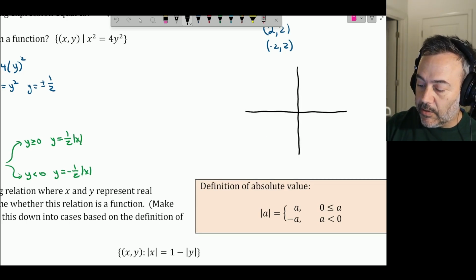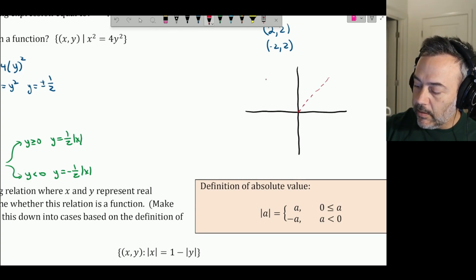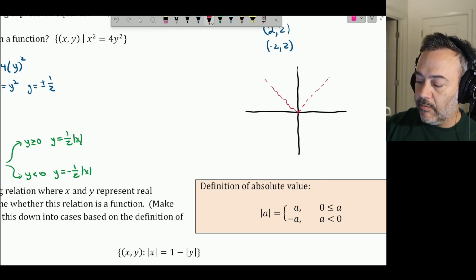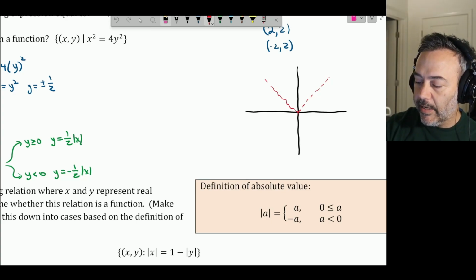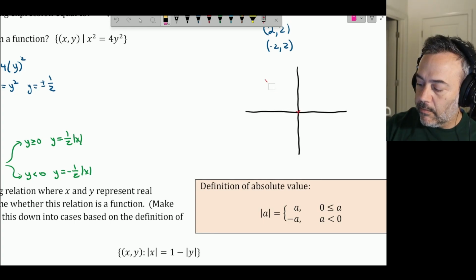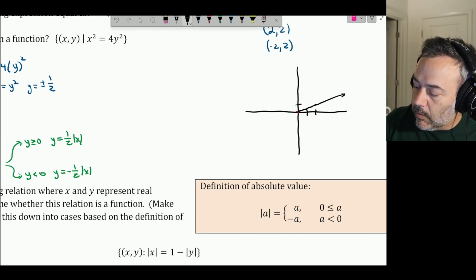Normal absolute value has a slope of 1, and over here it has a slope of negative 1. But if I put a half in front of it, it makes the slope a half and negative a half. So I can just erase this and go 1, 2, 1, just like this. 1, 2, 1.